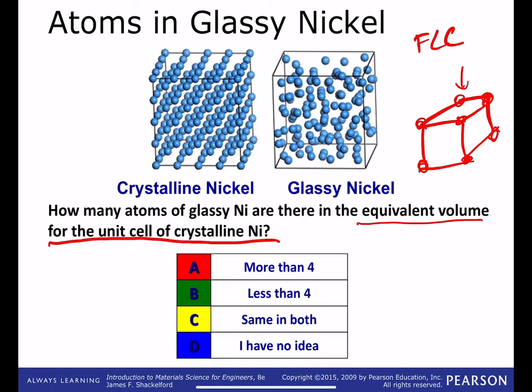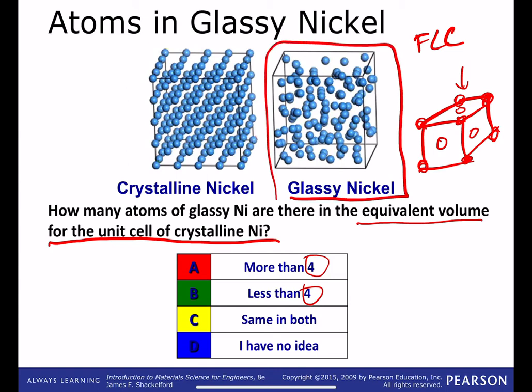Then we had a half at each face to give us the total of 4. So that's the importance of the number 4 that we see in some of these answers. And so the options are A, we have more than 4 in the glassy disordered nickel, B, less than 4 in the glassy disordered nickel, C, same for both, or D, perhaps you're totally confused. So take a minute to answer this question and resume the video once you've had an answer.